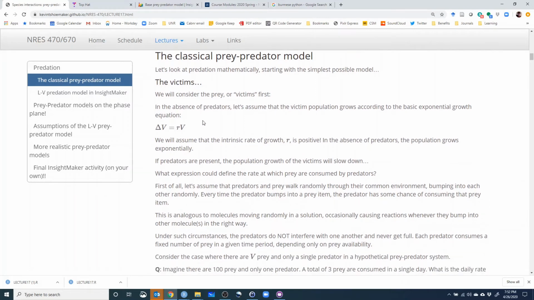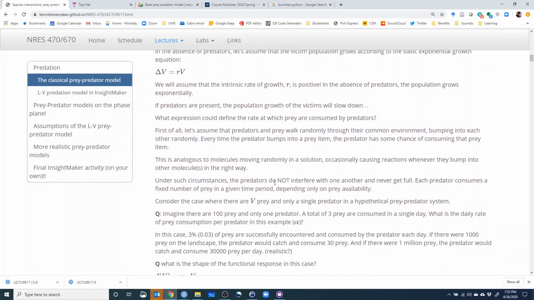We'll consider the victims first. In the absence of predators, we'll assume that the victim population grows according to basic exponential growth. So the change in the victim population is equal to the intrinsic rate of growth, R, times the victim abundance. We'll assume that growth rate is positive.